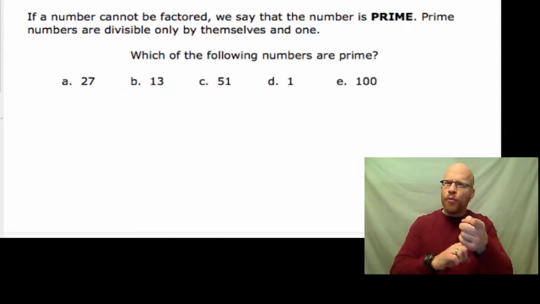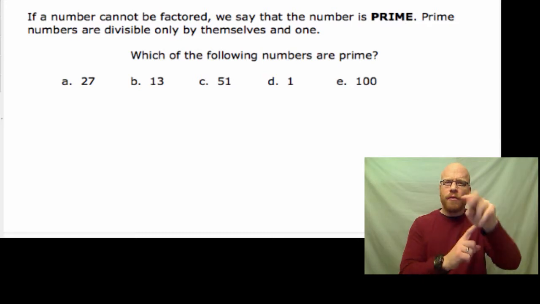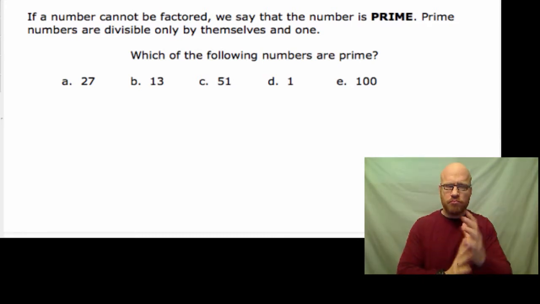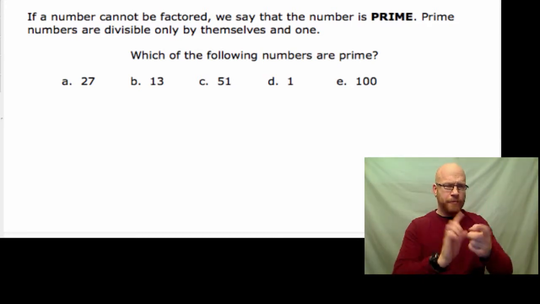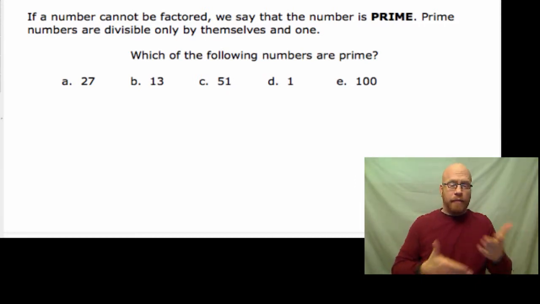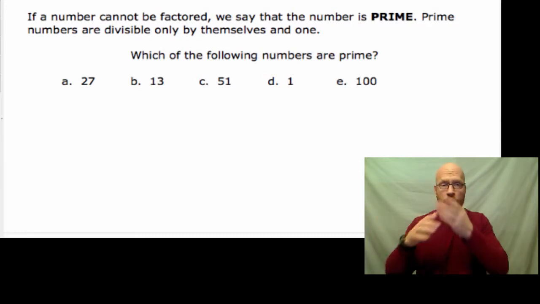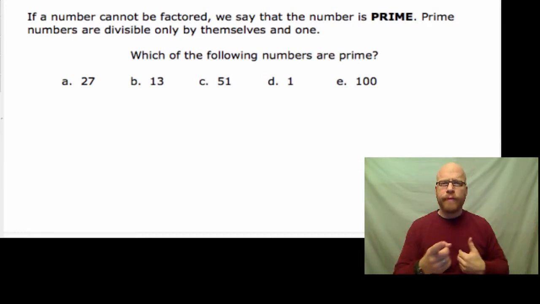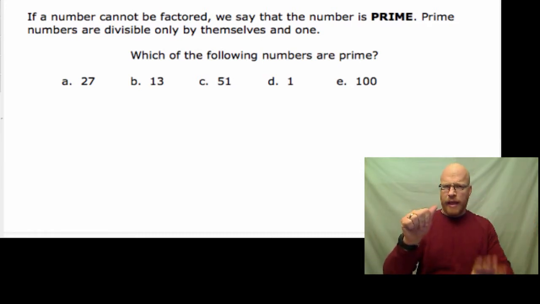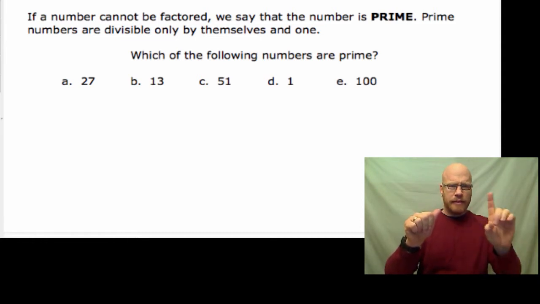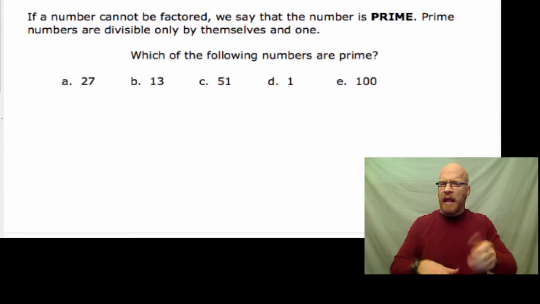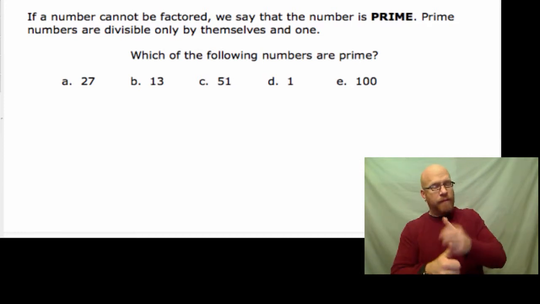Now, we're going to talk about prime numbers. Prime numbers means it's a number that cannot be divided by anything but itself or 1. It has no other divisors. So we'll look at our A, B, C, D, and E. Which of them cannot be divided by anything except itself or 1, meaning they're prime?